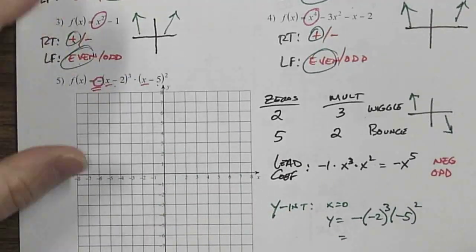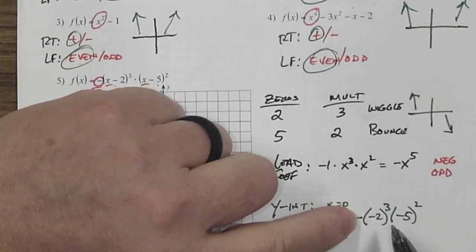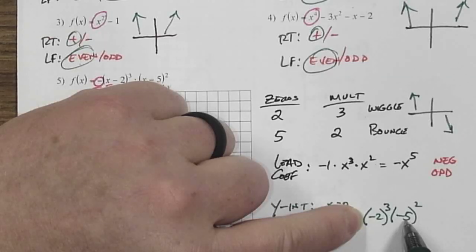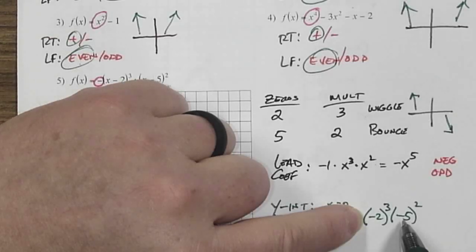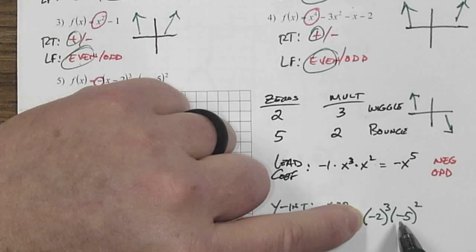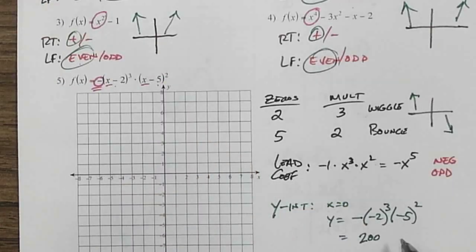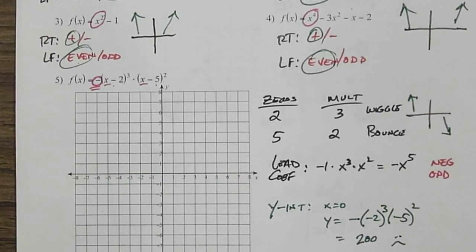I know that this is negative 8 and this is positive 25, which is like negative 200, but then we have a negative, so it's positive 200, which is way off the graph. But either way.